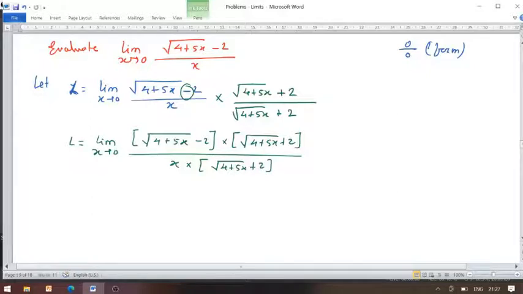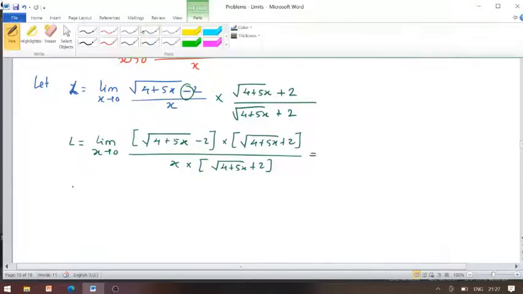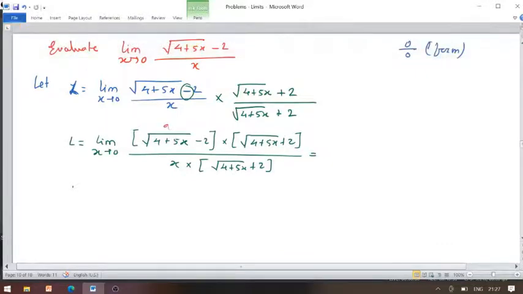Now look at the numerator carefully. The numerator is of the form (a minus b) into (a plus b). So those are the factors for a square minus b square, where here a is root of (4 + 5x) while b is 2.